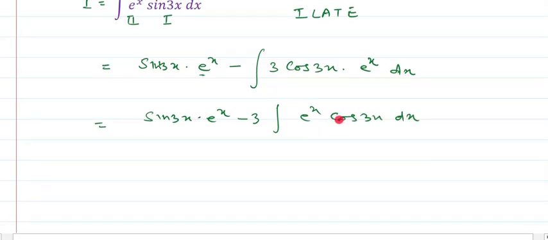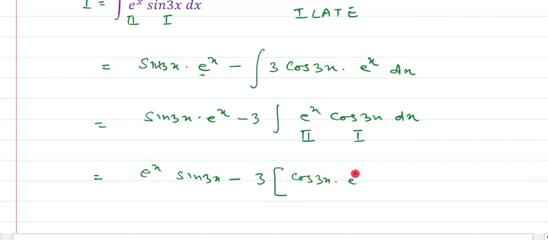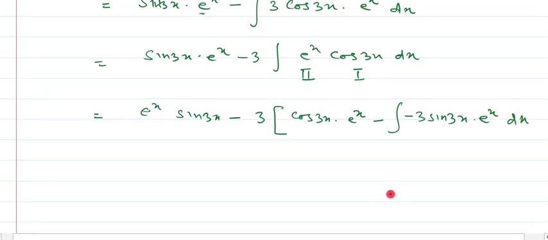So now again move the same way, that is Euler. E power x is the second function and cos 3x is the first function. So again perform the same. So it is e power x sin 3x minus 3 into first function into integration of second minus integration of differentiation, which is minus 3 sin 3x, into integration which is e power x into dx.